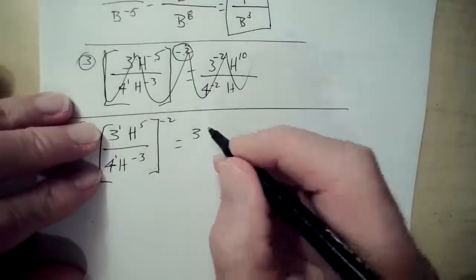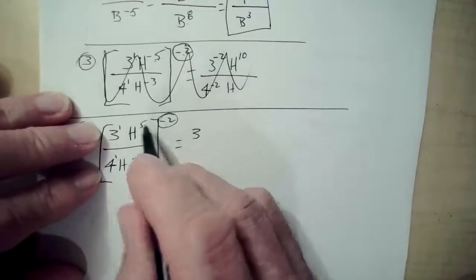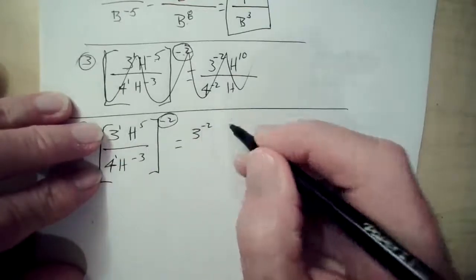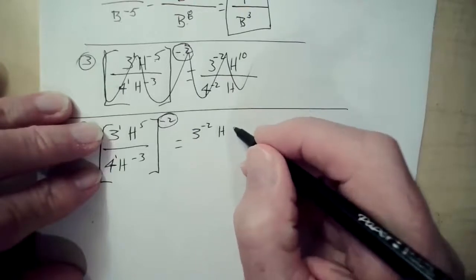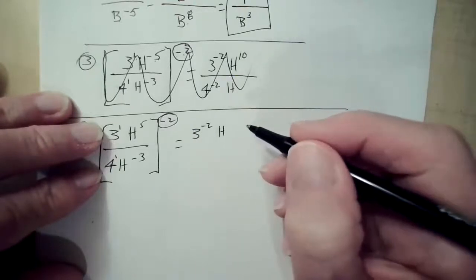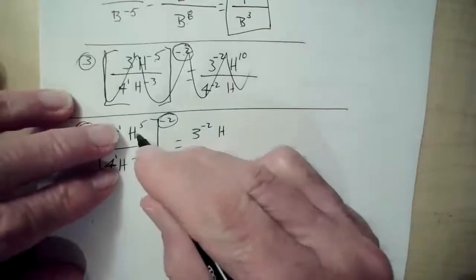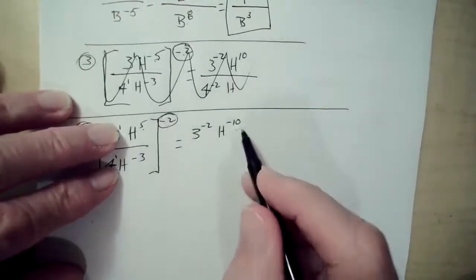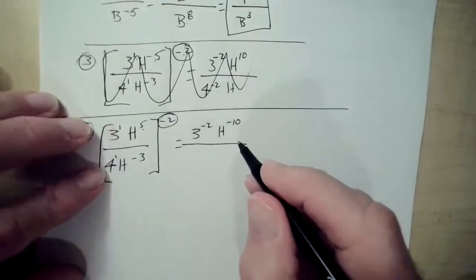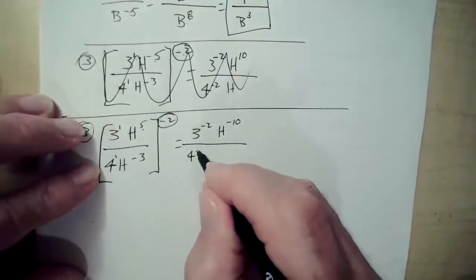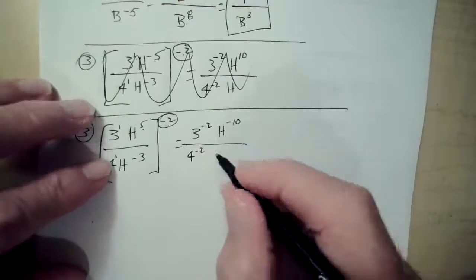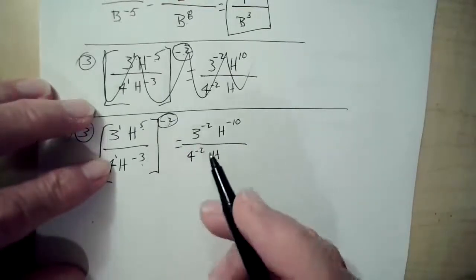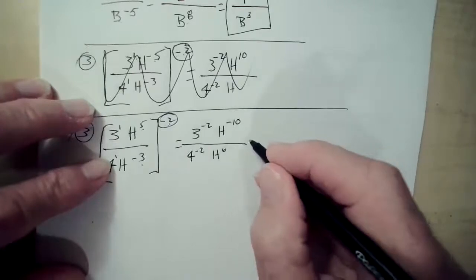So it's going to be 3 to the, now we're going to multiply negative 2 times every exponent. 3 to the negative 2, h to the negative 10, right? 5 times negative 2 is negative 10, over 4 to the negative 2, and h to the negative 2 times negative 3 is a positive 6.